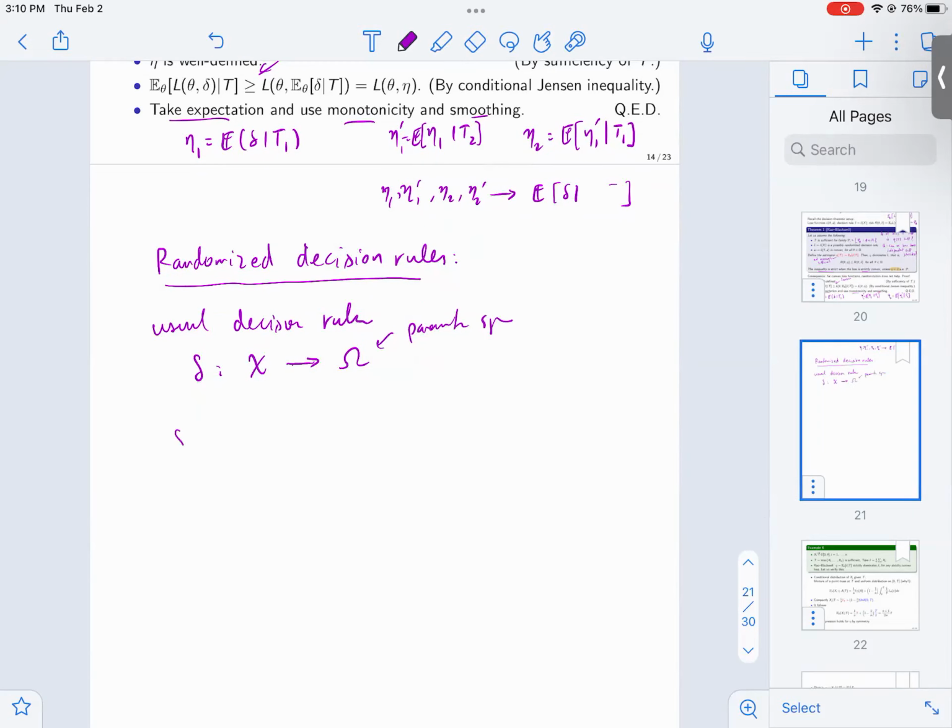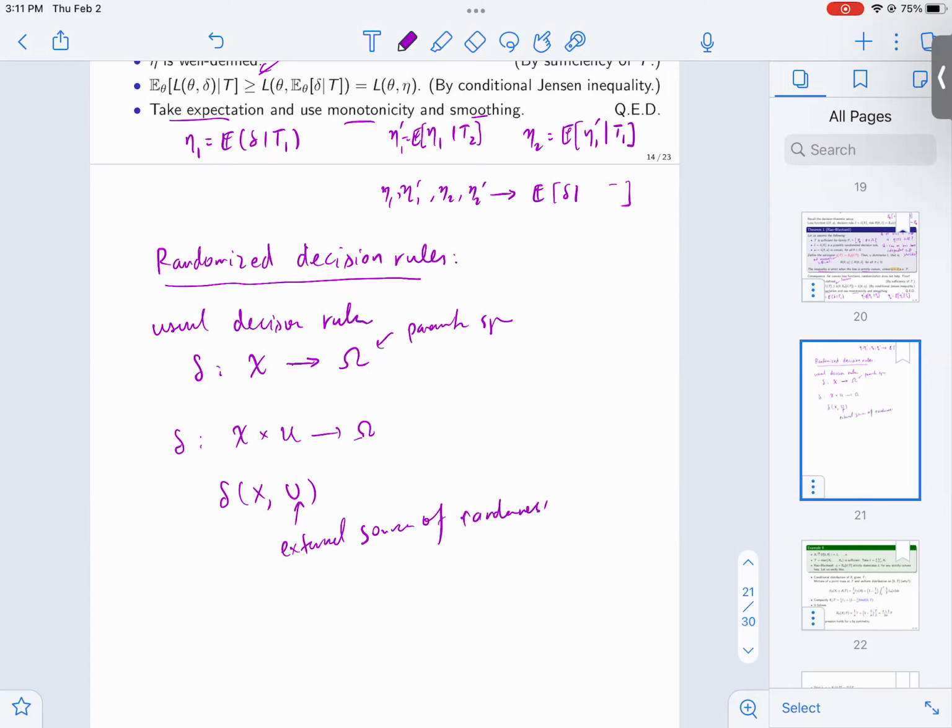You can think of randomized decision rules as delta being a function from x times some other space to omega. So basically delta of x and u, where u is an external source of randomness. That's one view of it.